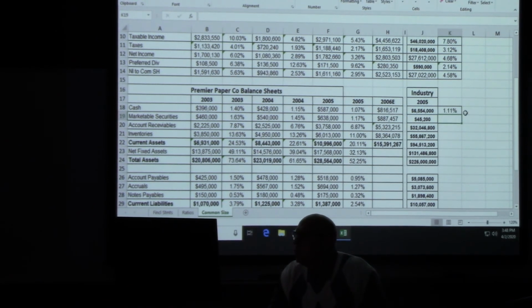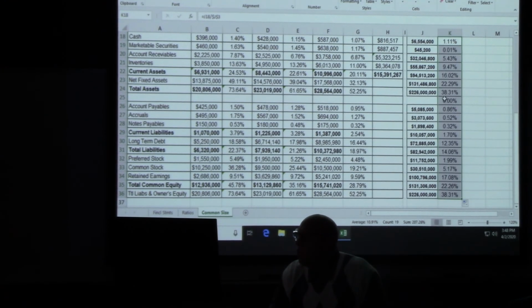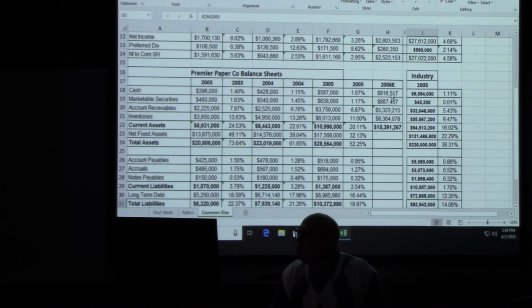We got that. Let's drag this down. I want to be able to compare the company's numbers with our number, with the industry numbers. And so we've got 6.87 for accounts receivable, 11%. So we're looking kind of in line.